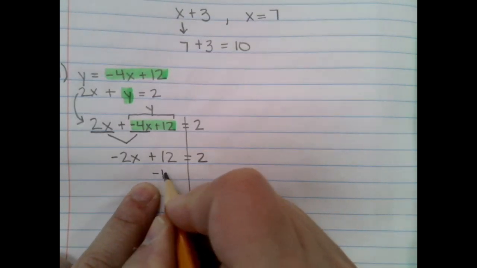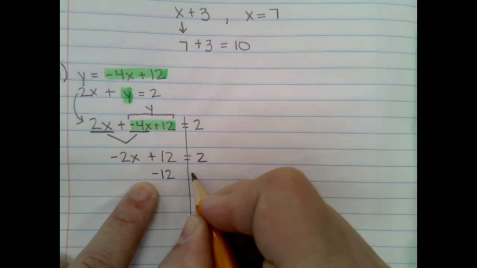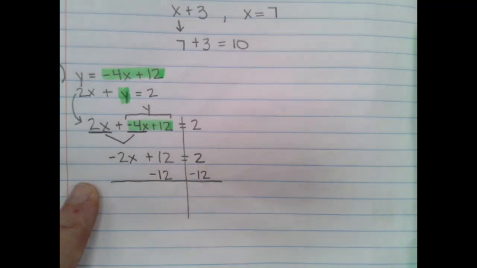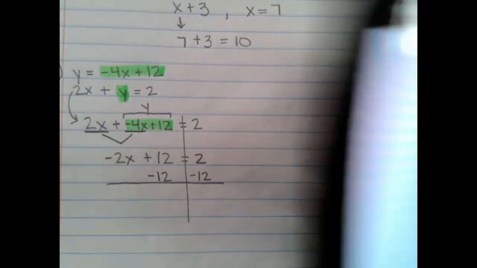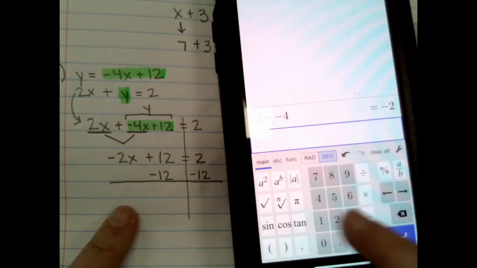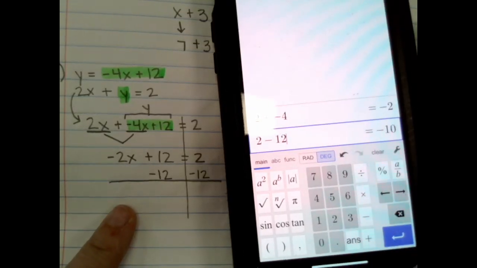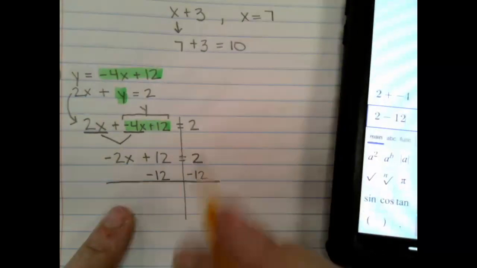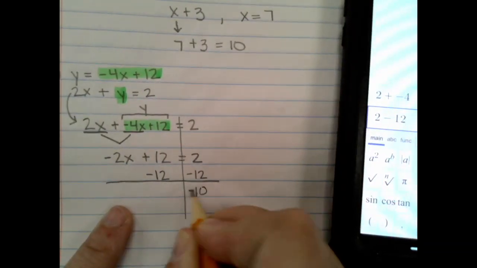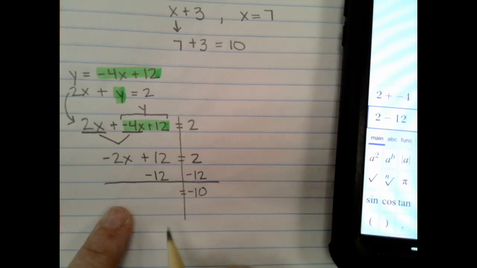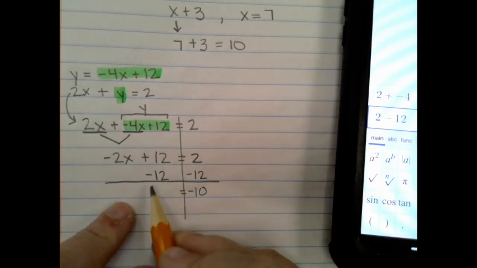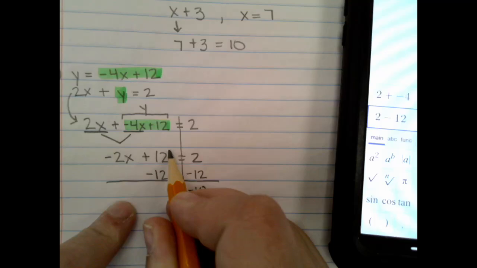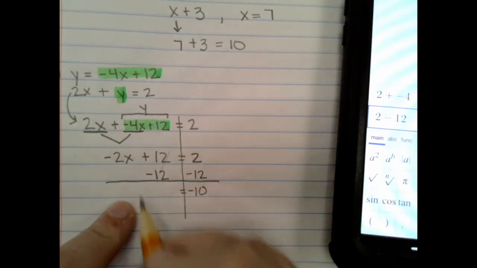If we do it to one side, do it to the other side. 2 minus 12 is negative 10. What do I still have on the left side of the equation? The 12 we just got rid of. Yeah, the negative 2x.